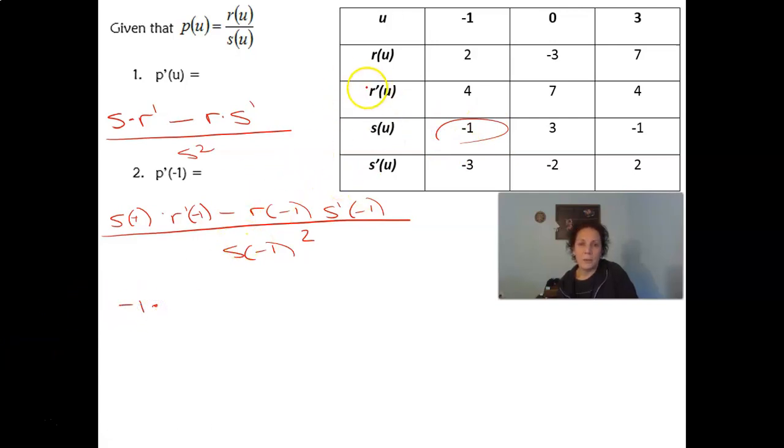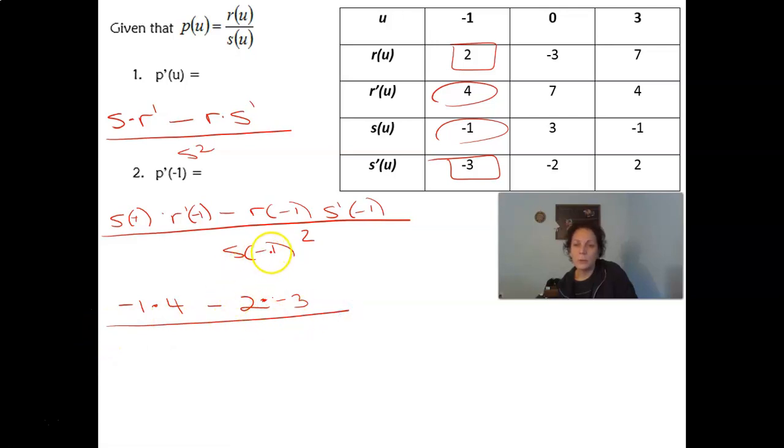R prime of -1 is 4. R of -1 is 2. S prime of -1 is -3. And that's going to be all over S of -1 squared.